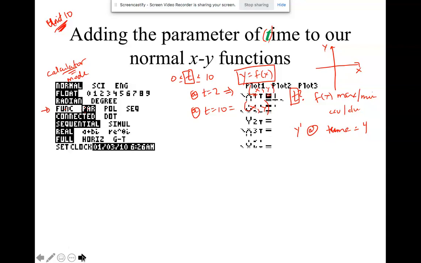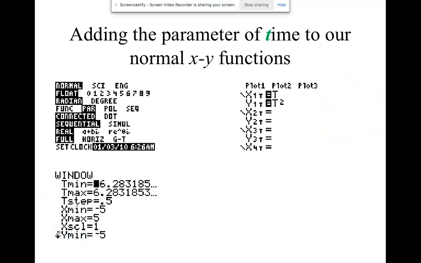All right, so once you've done that, let's practice graphing. So hit parametric mode and then go to your y equals screen. Notice each equation now has 2 components. It has a horizontal component and a vertical component. So the x or horizontal component at any time is just t, right?